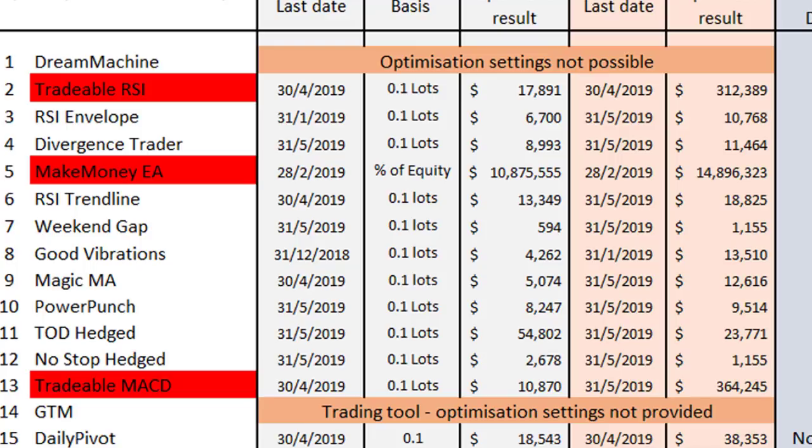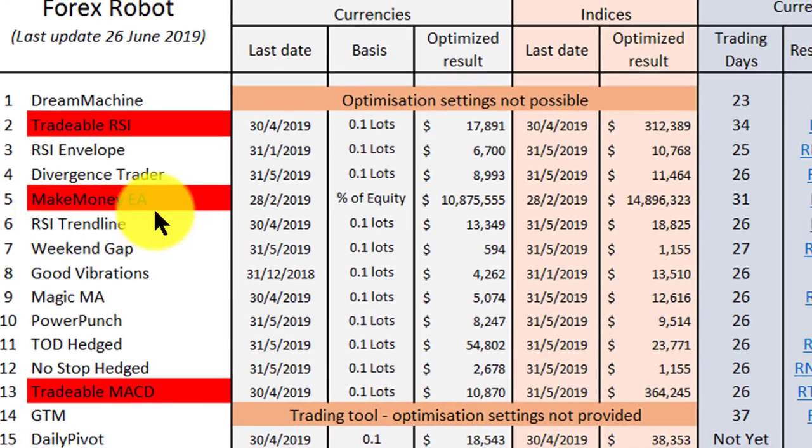And you can see that the optimized settings for the Tradable RSI for indices has been absolutely amazing. Money Making EA, again, 14 million, absolutely amazing. And then the Tradable MACD, a huge number there. The rest are more or less better than Forex, but not as dramatic as those three.